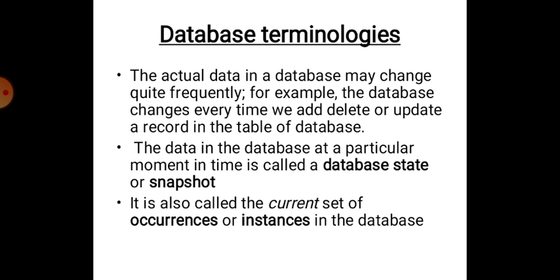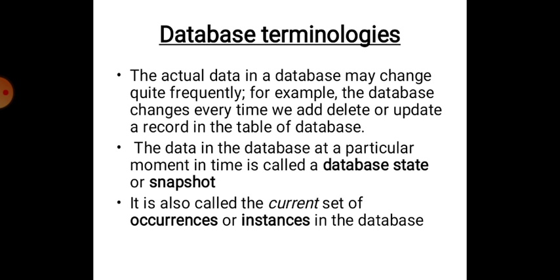The data in the database at a particular moment in time is called the database state or snapshot. Students, you can just consider what a database state is. For example, if some students are sitting in the class, and if you take a photograph, you can identify how many students were present at that moment in the class.